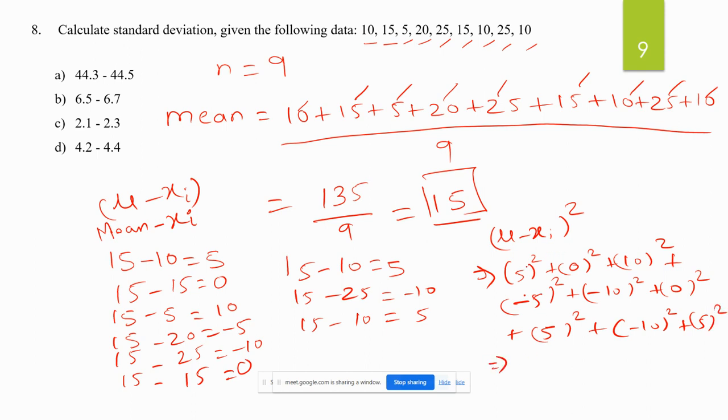That is 25, 125, 150, 225, 250, 350, 375.